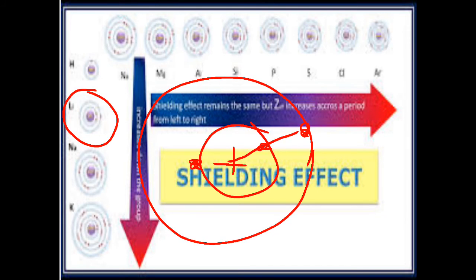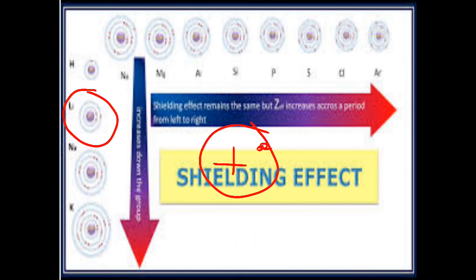Going down the group, we see that for a sodium atom, more electrons are present and the number of shells is 3. And for potassium, 4 shells are present. So as more electrons are present in their orbits, the atom is getting larger in size.